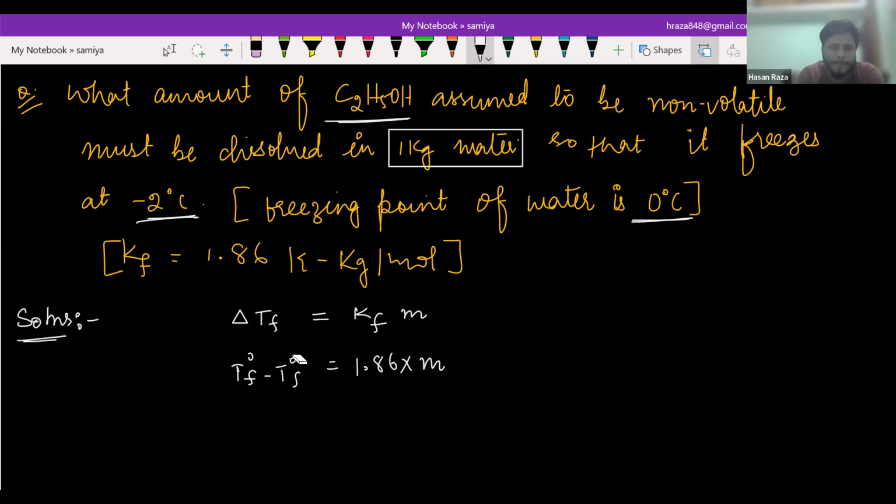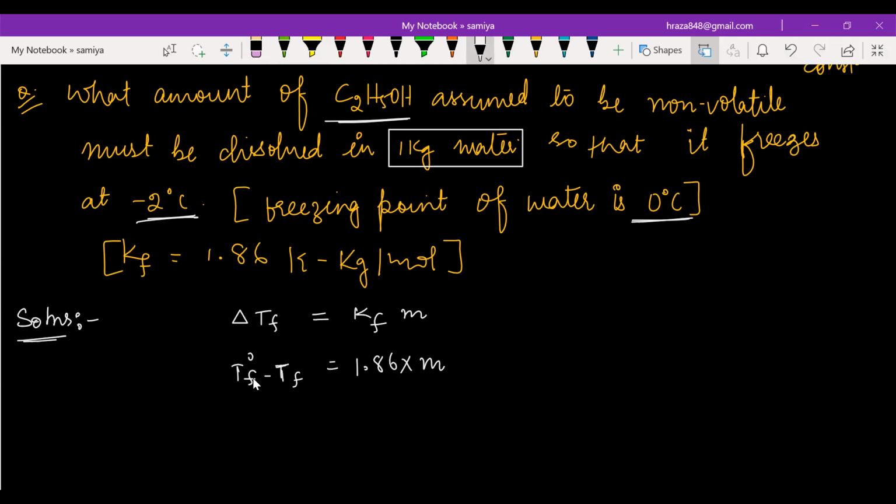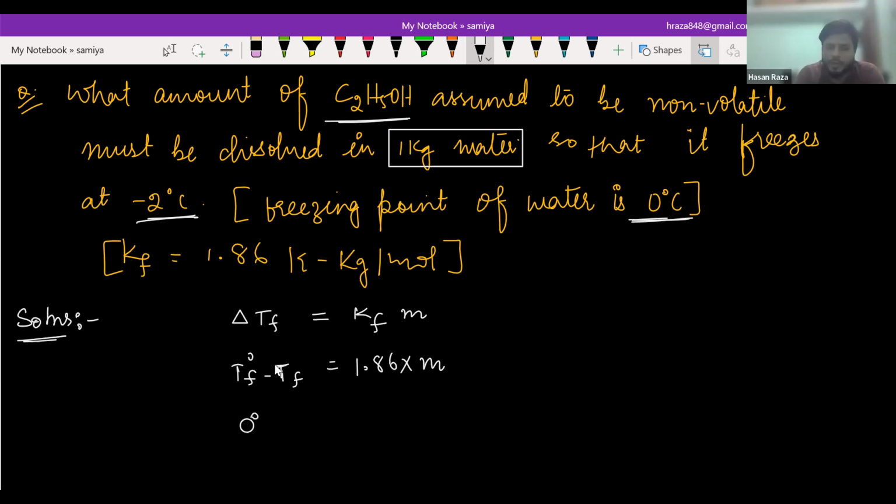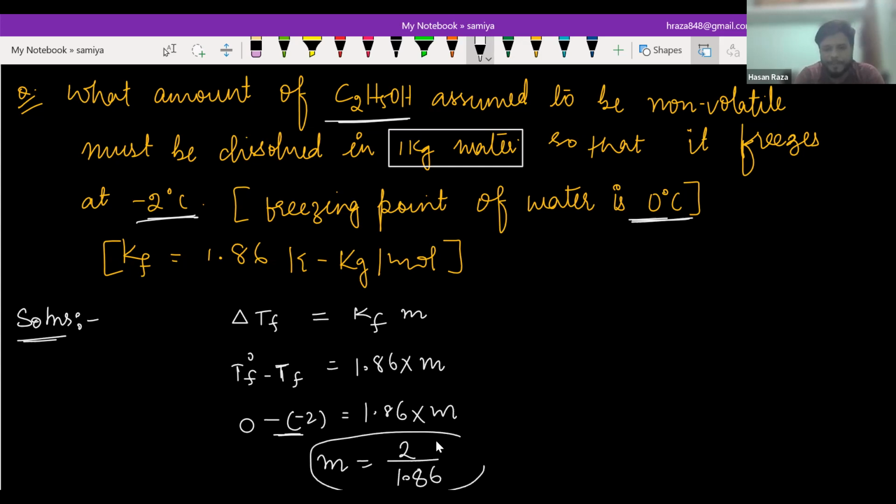This is the formula, yes or no? Yes, sir. T naught F, that means pure solvent, has a value 0 minus Tf, that means the solution's freezing point is -2, will be equal to 1.86 into m. And m will have a value 2 divided by 1.86. Can I write this? Yes or no?